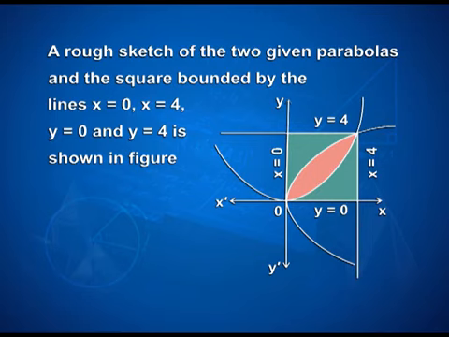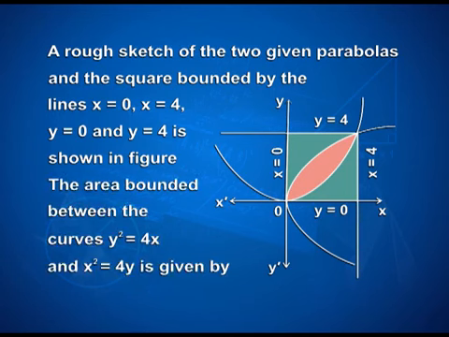in the figure. We have here y = 0, x = 4, y = 4 and x = 0. This forms a square and we need to show that the area of the square is divided into 3 equal parts having equal area.